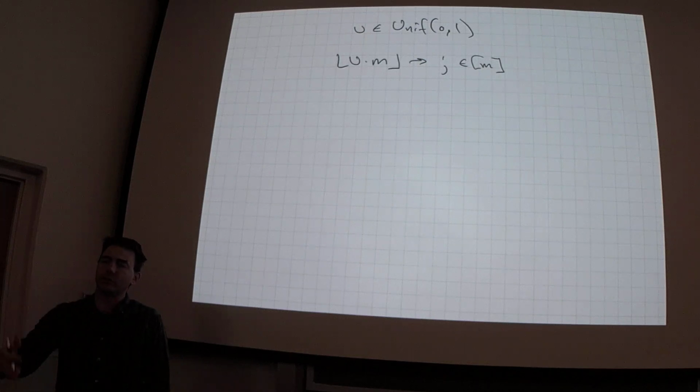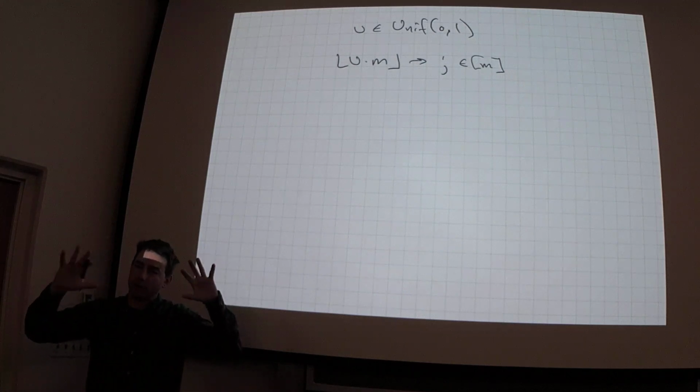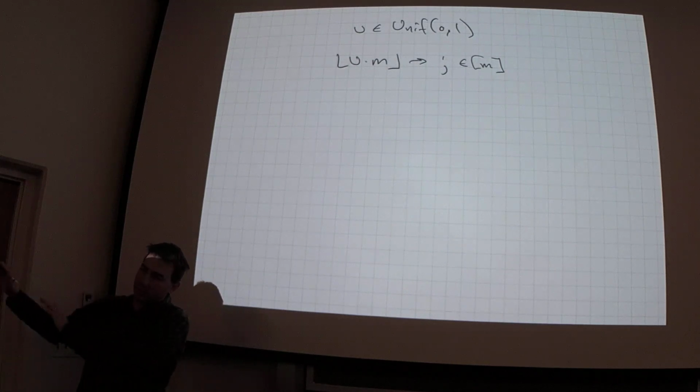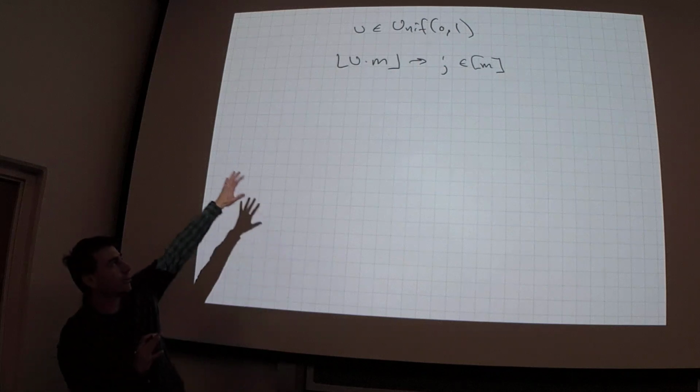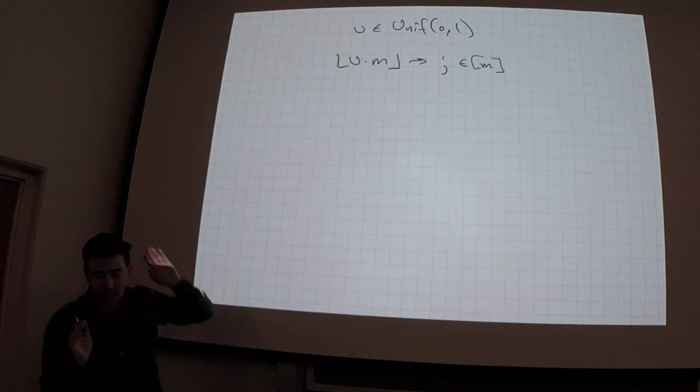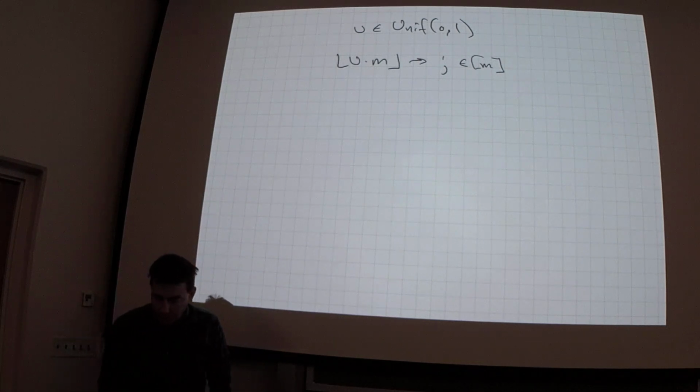For the first homework, you don't need the hash function to be a deterministic process. We'll need that later on, but for now, for your homework, you can just do this.